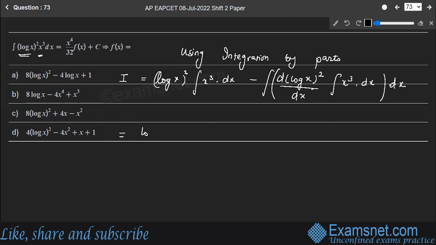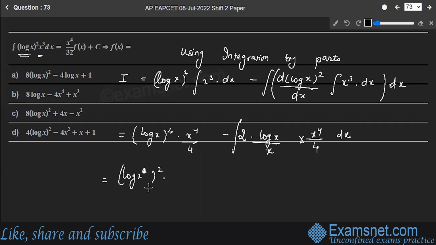You have this as log x square into x raised to power 4 upon 4, minus this will be equal to 2 log x upon x into this dx integral, right? So further, log x square into x raised to power 4 upon 4 minus 1 by 2.